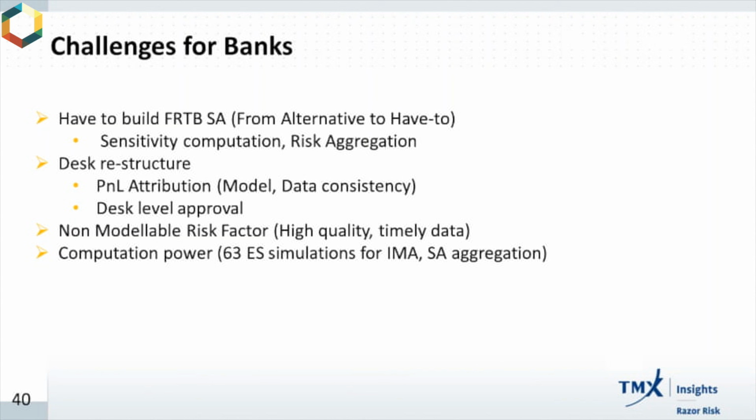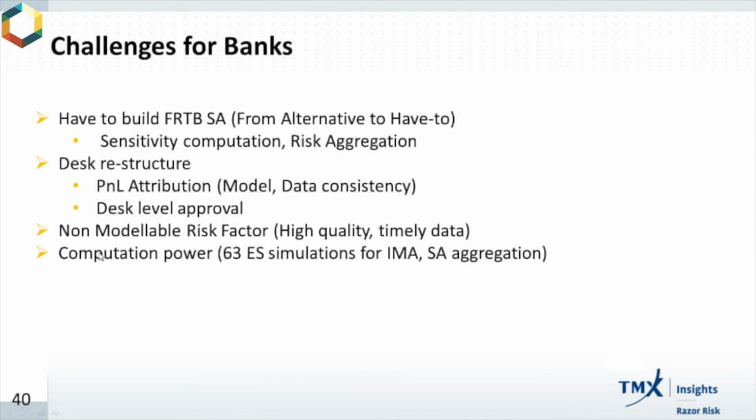So a bank might need to separate the vanilla desk from the structured desk to help them pass the P&L attribution. Another challenge is from non-modellable risk factors. It will require high quality and timely data to avoid punishment from non-modellable risk factors.